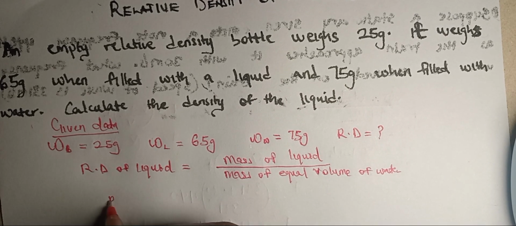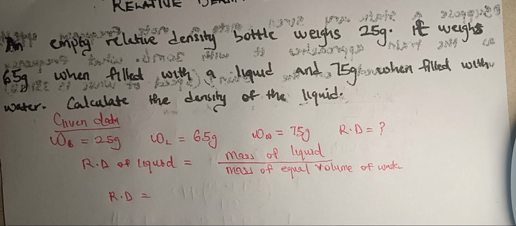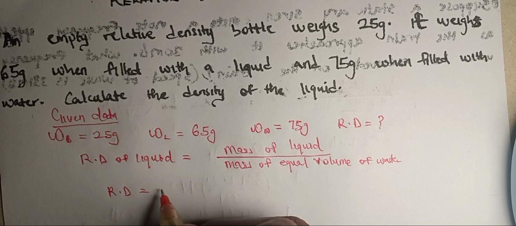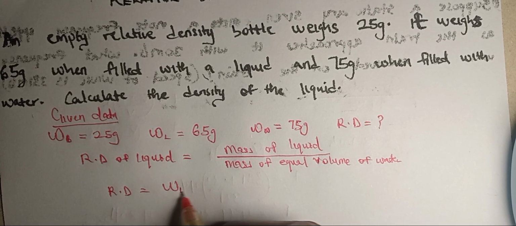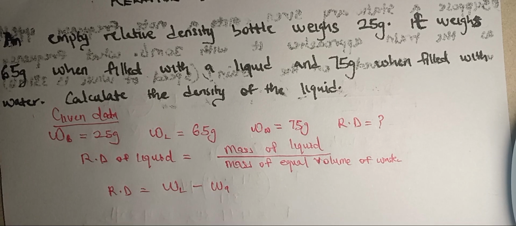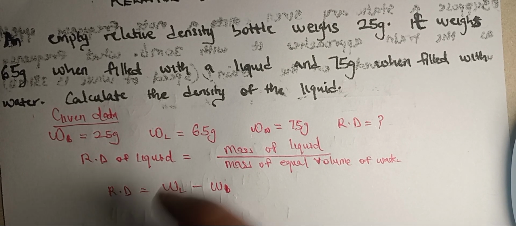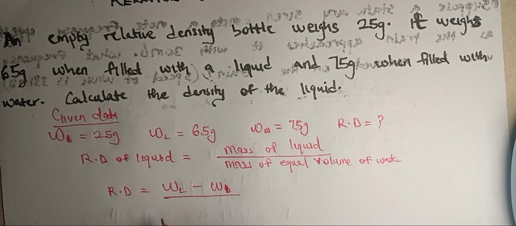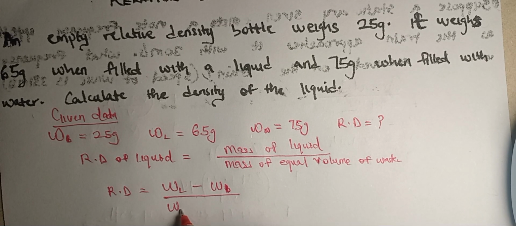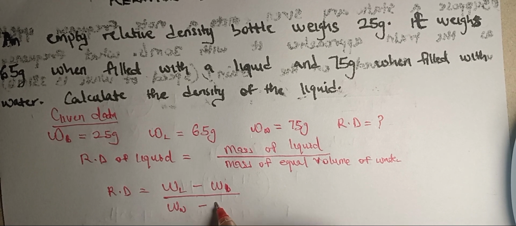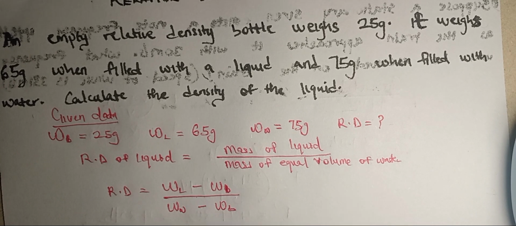So we write it again. The relative density will be equal to the weight of the liquid minus the weight of the bottle, upon the weight in water minus the weight of the bottle.